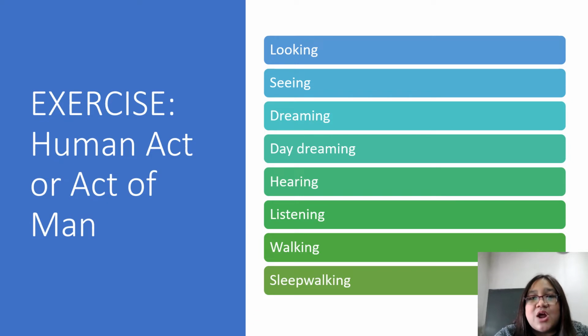We have number 1, looking, number 2, seeing, number 3, dreaming, number 4, daydreaming, number 5, hearing, number 6, listening, number 7, walking, and number 8, sleepwalking. Decide which one is a human act or act of man. Okay, I will give you a few seconds to decide.